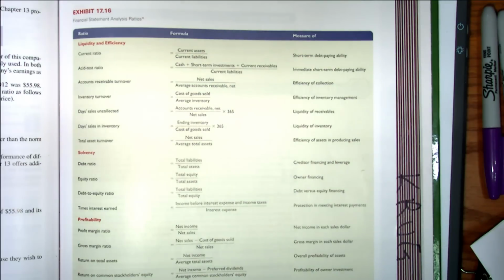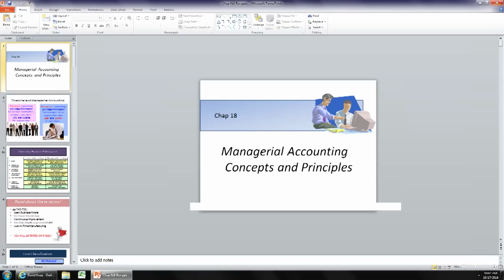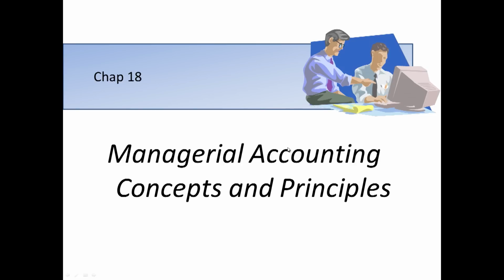So, all right, let's go ahead and get started here. We are going to start on chapter 18, which is called Managerial Accounting Concepts and Principles. Okay, you can come off that for a second.